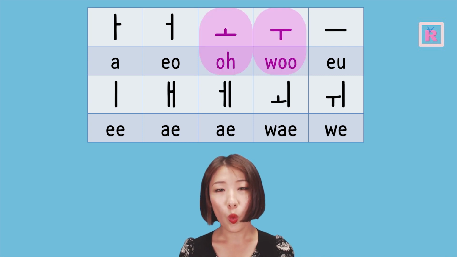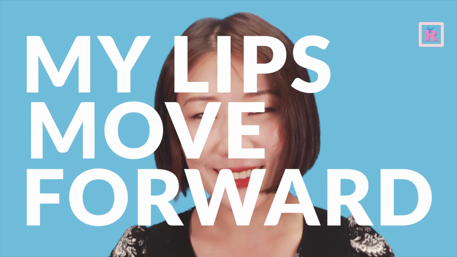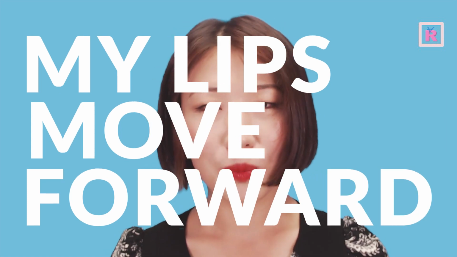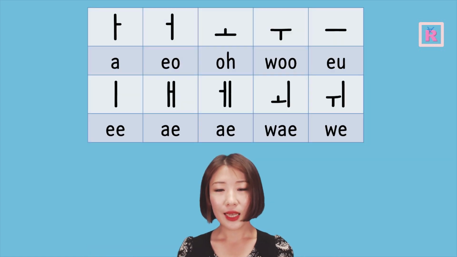O, U. Alright? O, U. I will show you the left O, U. Can you see my lips go up in front? I don't know how to say that in English, but you know already. O, U. Okay? And these two lines, of course, E.